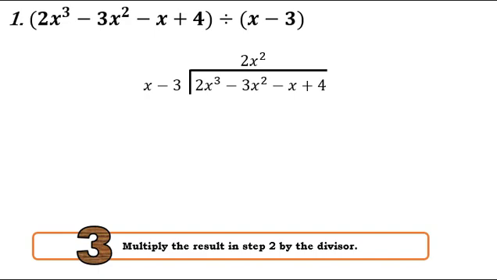Multiply the result in step 2 by the divisor. So 2x squared times x, ano kaya ang magiging sagot? Yes, we have 2x cubed. And 2x squared times negative 3 is equal to negative 6.